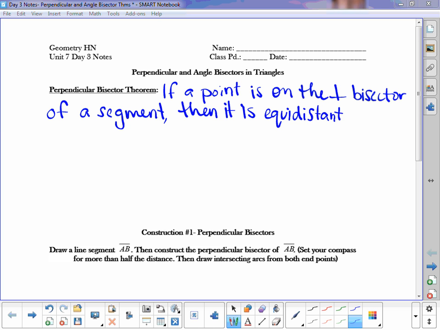What does equidistant mean? Equal distance. It's the same distance. Why shouldn't it just say equal distance? You'll see when I finish the sentence. Grammatically, it would say... Alright, so if a point is on the perpendicular bisector of a segment, then it is equidistant from the endpoints of the segment.